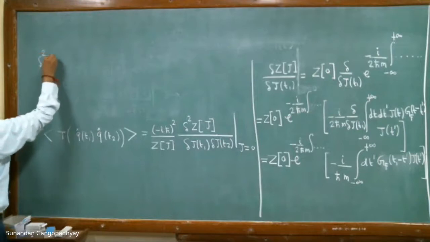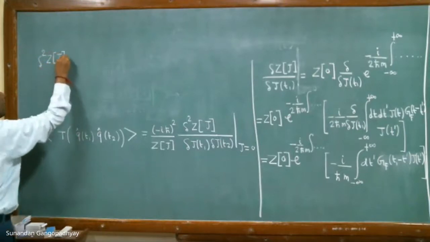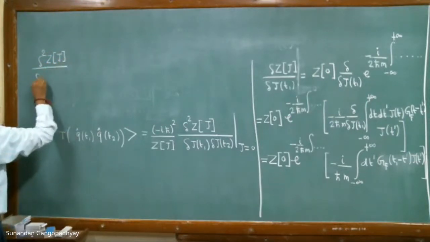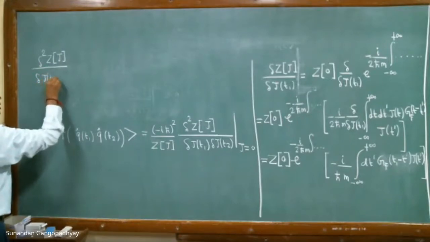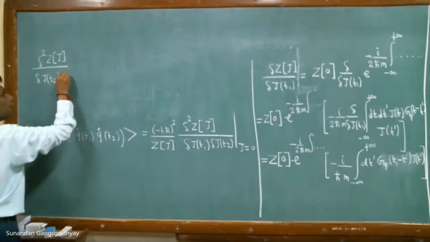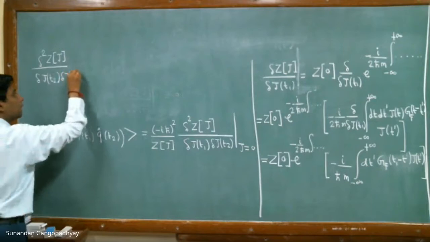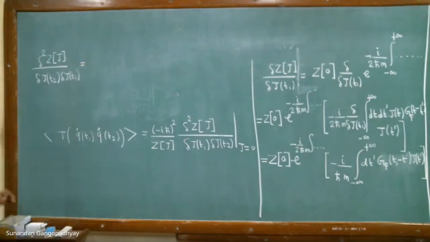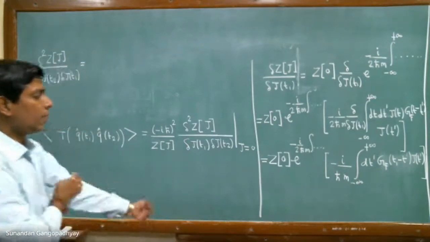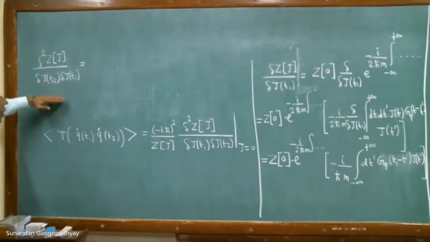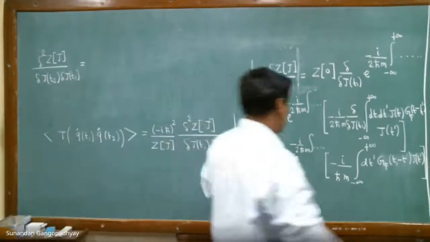If I differentiate Z[J] with respect to J(t2) now, then we shall have, and remember that at the end of the calculation we have to set J equal to 0. So now let us look at this term.